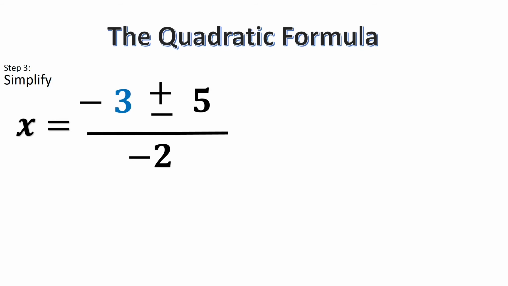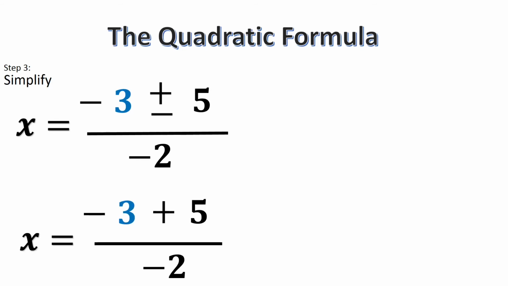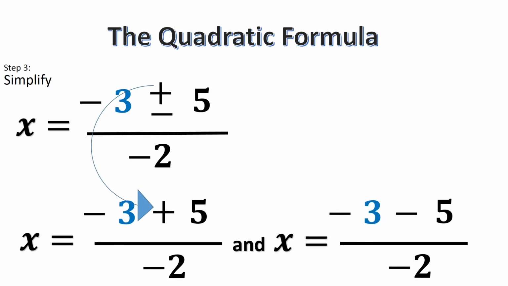Now it's time to do something with this plus or minus. The plus or minus means we're going to have 2 different options here. We're going to have negative 3 plus 5 divided by negative 2, and we're going to have negative 3 minus 5 divided by negative 2.